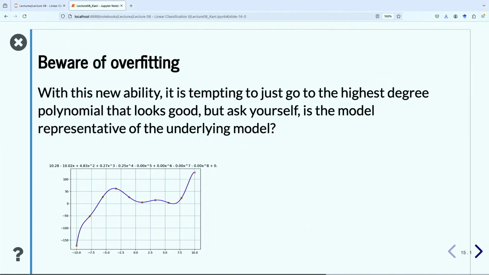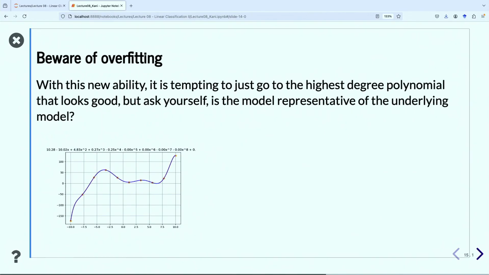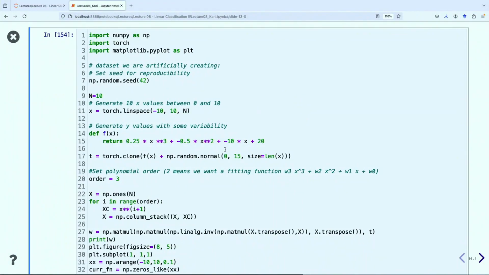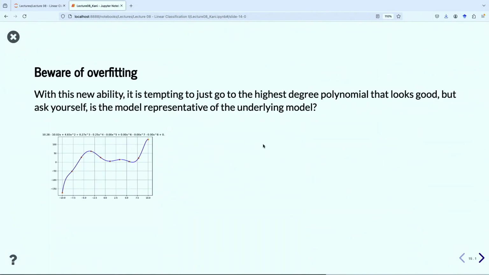Yeah, but the code is there. You could try fitting models of different orders to the data. See what the models come out to.